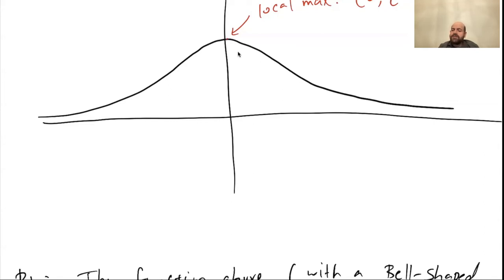So that's another nice thing about this function. Another nice thing about this function, remember I told you that probability will be given by area under the curve. So you will see in Math 206 that the total probability always has to be 1.